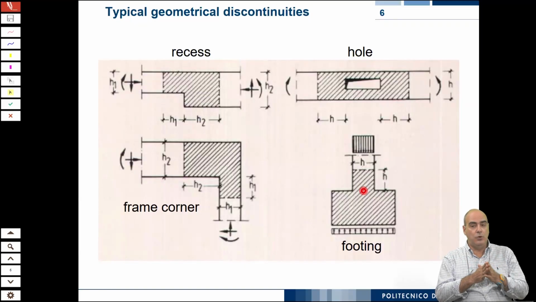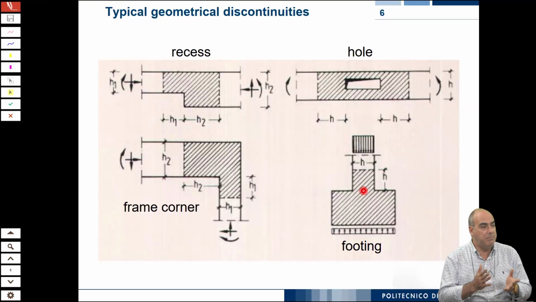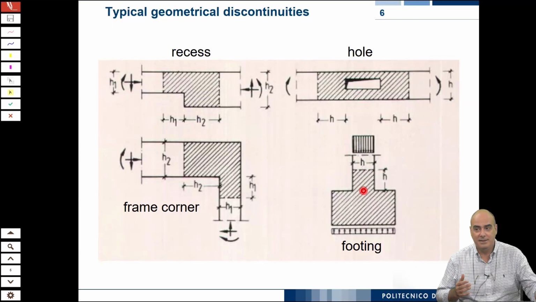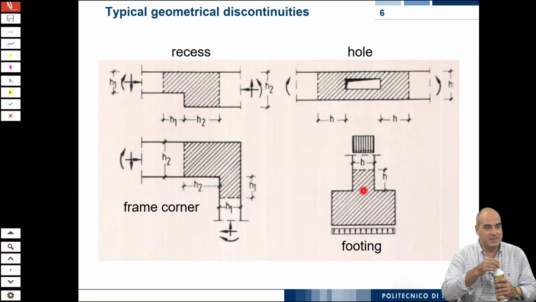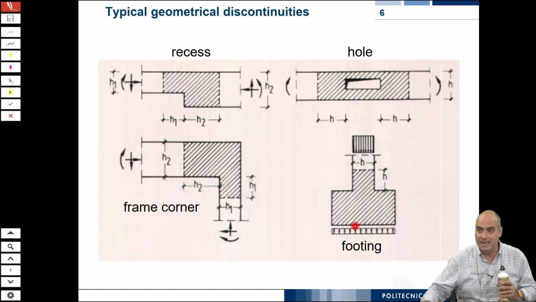And we can calculate them because of the beam theory. If the beam theory is not valid, we cannot calculate, properly speaking, from the mathematical point of view, the bending moment and shear. So there is no meaning in an element like this to speak about moment and shear.